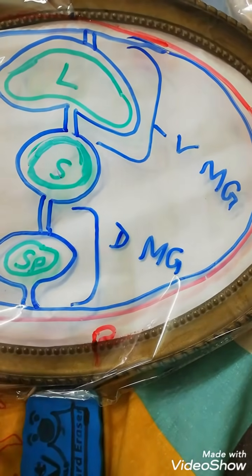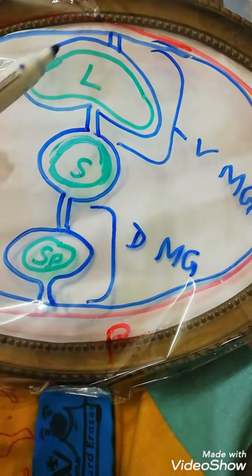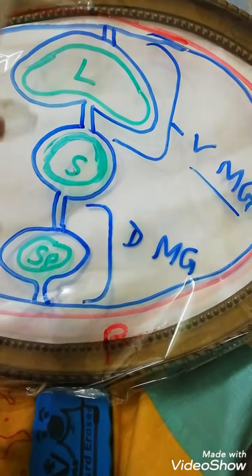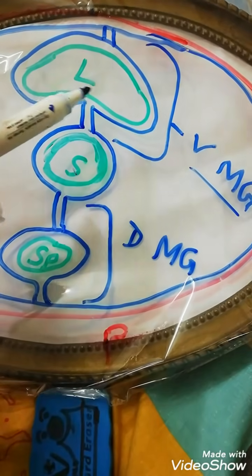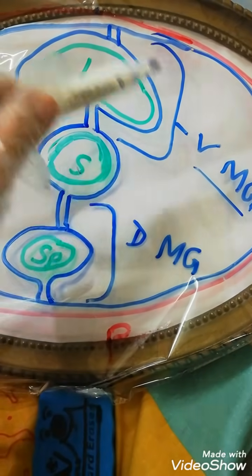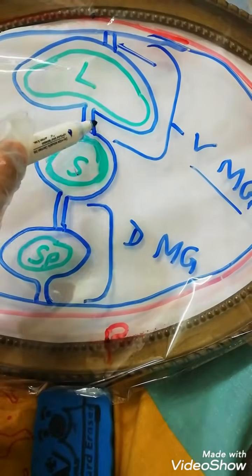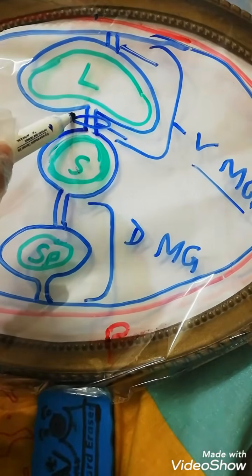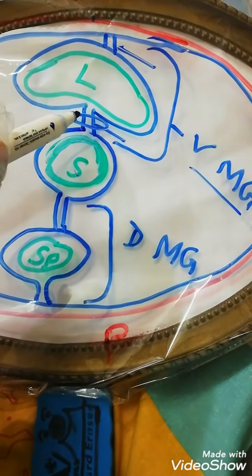And what is going to happen is that now the liver has come in the way of the ventral mesogastrium, right? And now again dividing this ventral mesogastrium into an anterior part and a posterior part. Let me tell you that this posterior part is forming the lesser omentum, right?